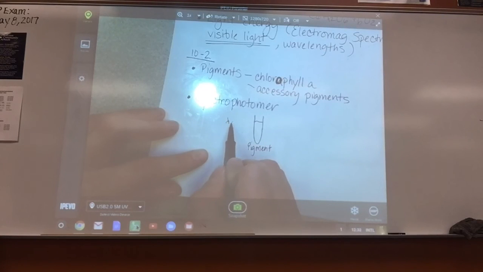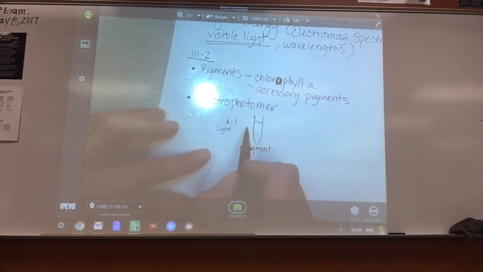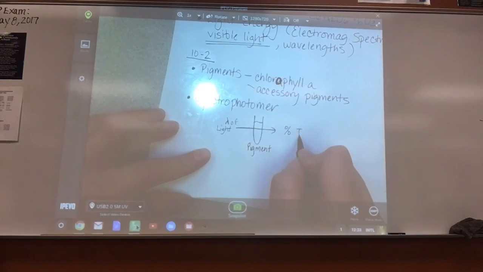Because if this is a pigment from a plant, and we want to see what wavelength of light this pigment absorbs, we can figure that out by beaming the different wavelengths of light and figuring out the percent transmittance. If there's a very high transmittance, that means they're not absorbing that particular wavelength of light. But if there's a very low transmittance, not very much is going through, that means the pigment is absorbing that wavelength of light, and that wavelength of light is probably important for photosynthesis.